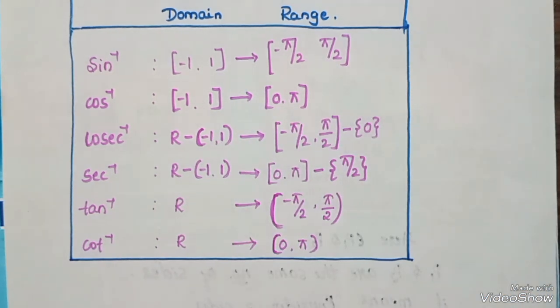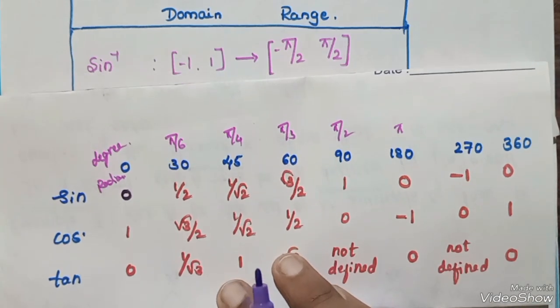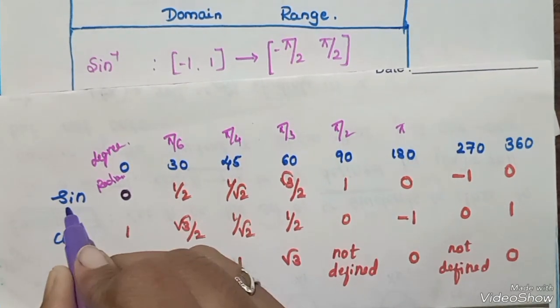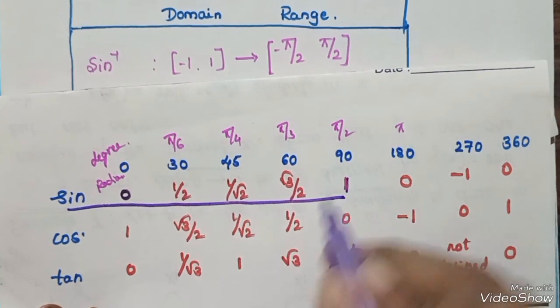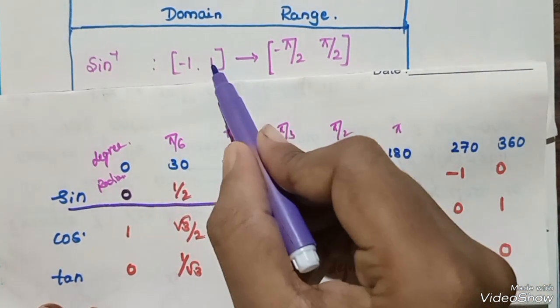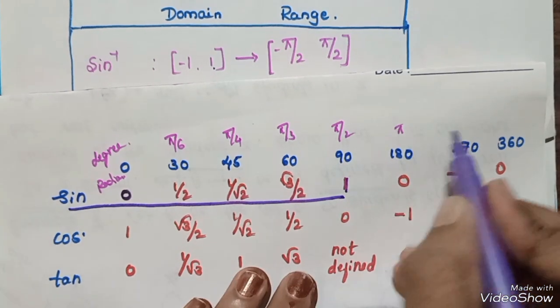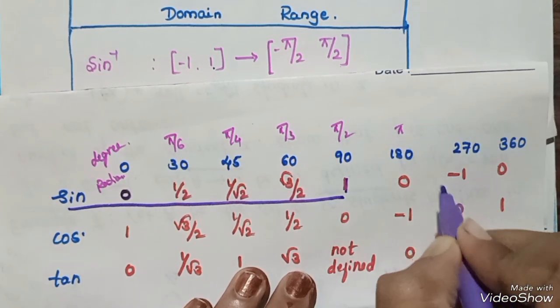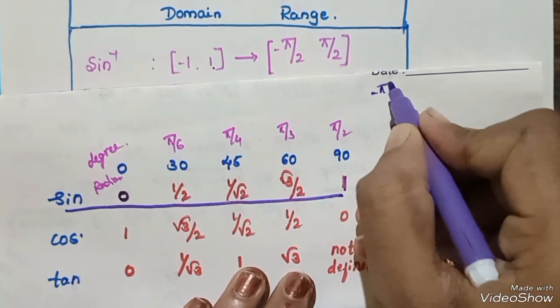Here we observe in this table. Okay, observe this table. Here we have taken the sine function, that is 1 value, 1 means pi by 2. Here for 1 we get pi by 2. Again for -1, that is minus pi by 2.